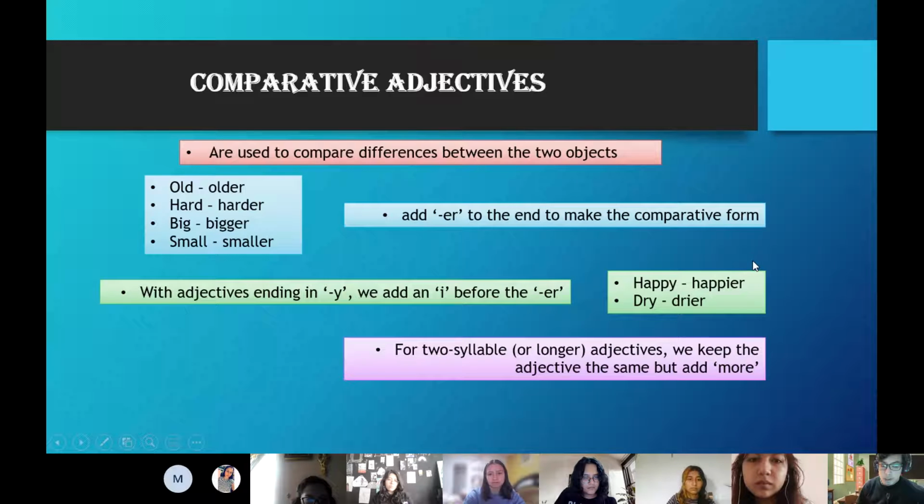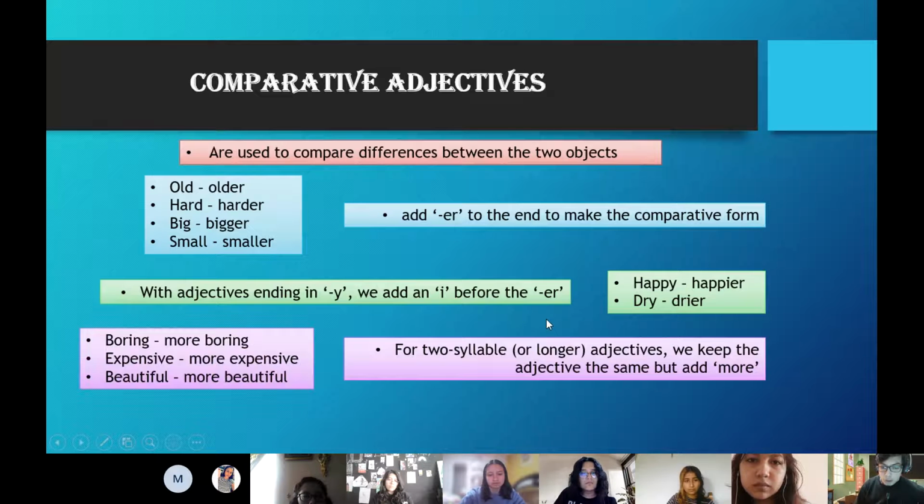Okay, the next rule is for two syllables or longer, more than two syllables, we keep the adjective, but we add more before that. For example, boring. As you can see here, we have two syllables, boring. So we add more: more boring.